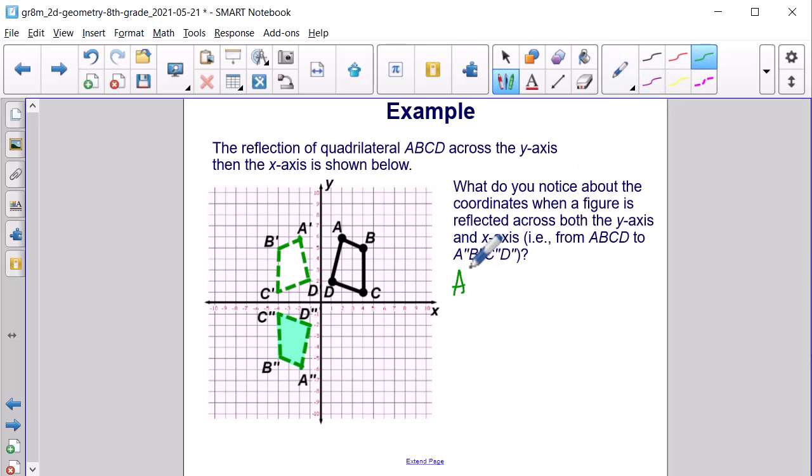So point A is at 2, 6, and A double prime is at -2, -6. Okay. Point B is at 4, 5, and point B double prime is at -4, -5.